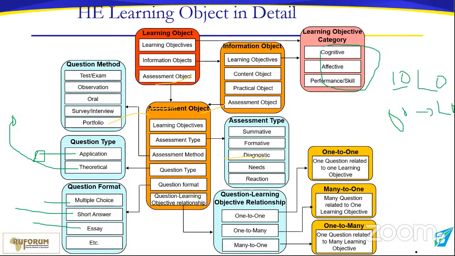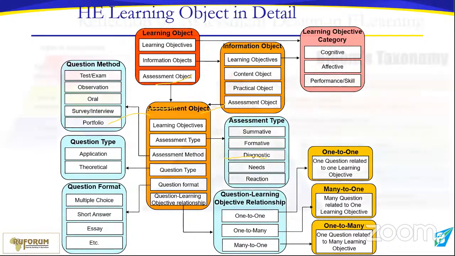Then the other option is that you have one question that relates to many learning objects, more than one learning object. So that is how you look at the question-learning relationship. Again, the choice you make here is dependent on your learning objectives. What did you purpose to achieve? That purpose will tell you how you package your delivery mechanisms and how you assess whether those are the achievement of the objectives that you set.